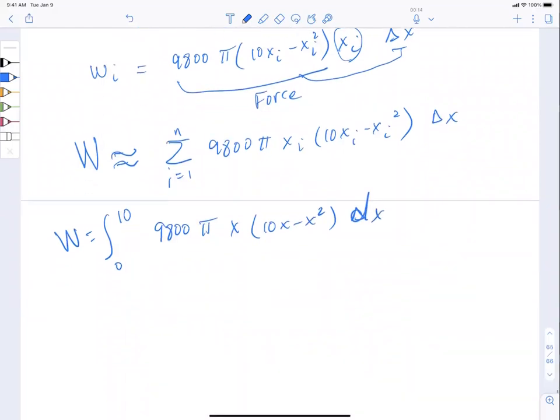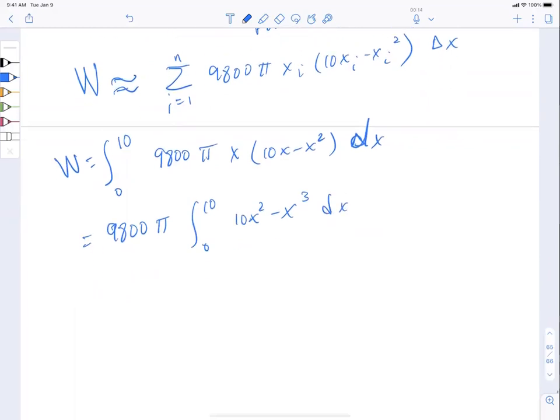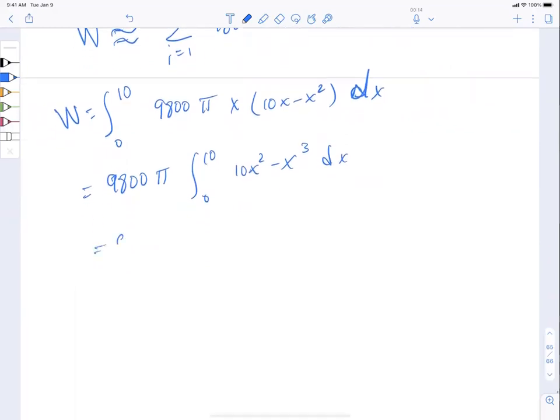Going through the calculation, 9,800 pi, from 0 to 10, of 10x squared minus x cubed, which is 9,800 pi times (10/3 x cubed minus 1/4 x to the 4).